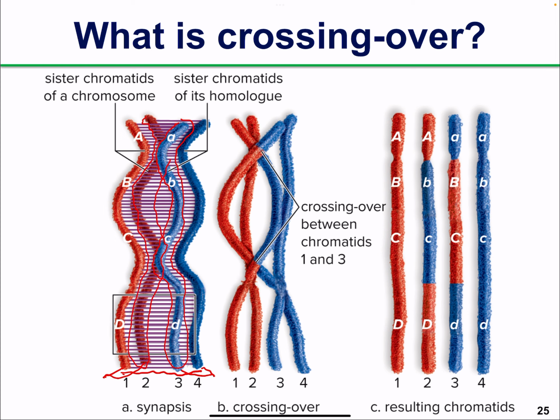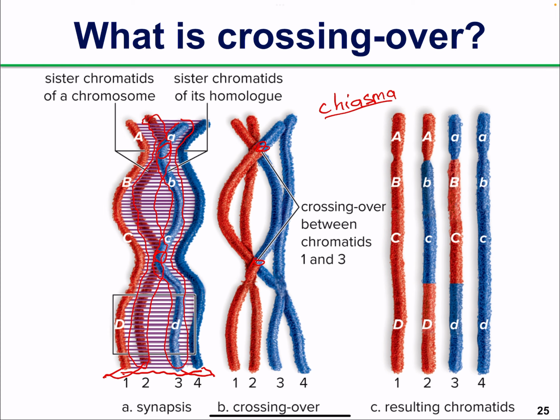That leaves the possibility of exchanging some genetic information here. So we have this crossing point. This crossing point is called chiasma. This is where the crossing over is happening.